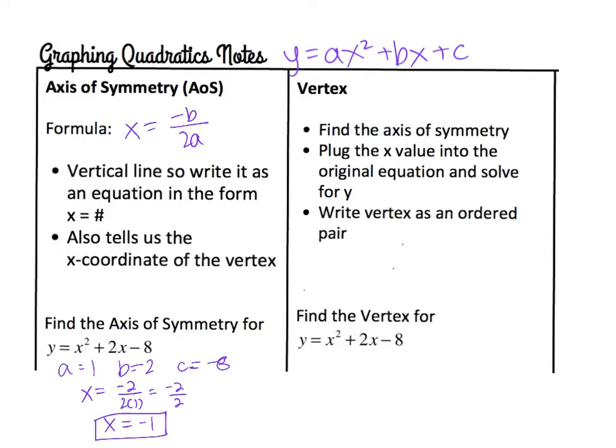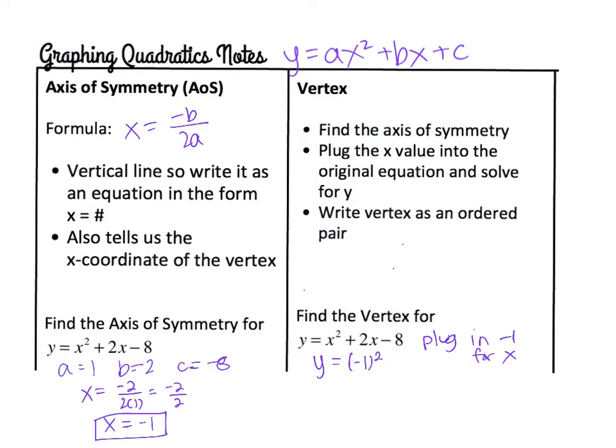Now let's look at that same equation, y equals x squared plus 2x minus 8, and let's find that vertex. So I know the x value is a negative 1, and I'm plugging a negative 1 into this original equation. Plug in negative 1 for x. So I'm going to plug in negative 1 in parentheses.